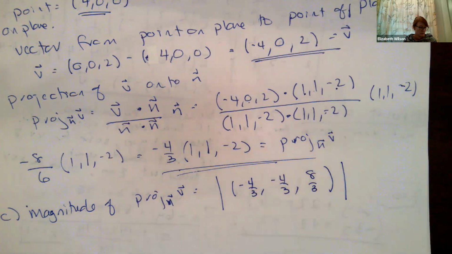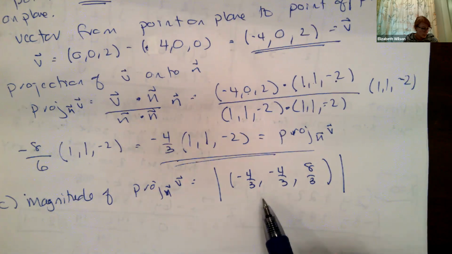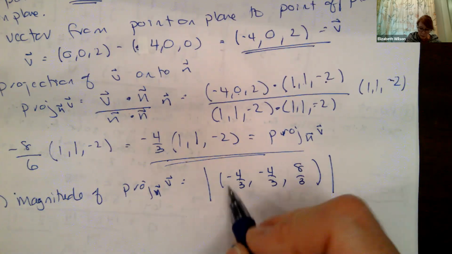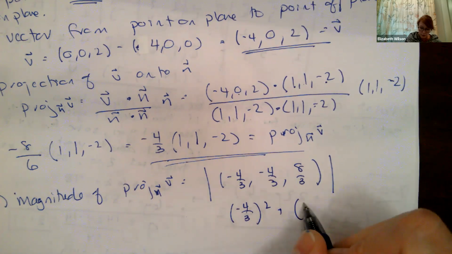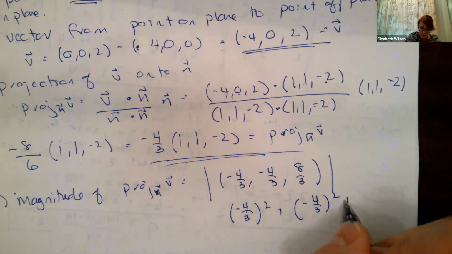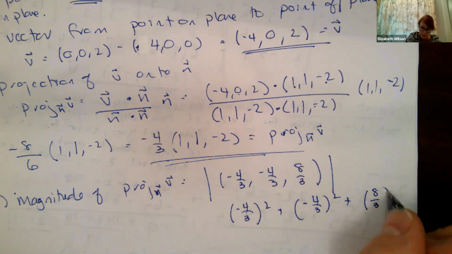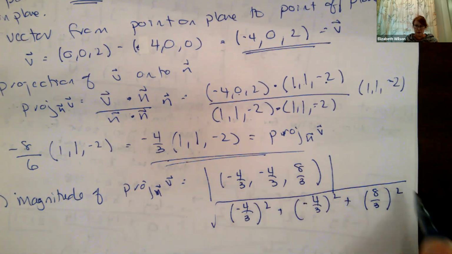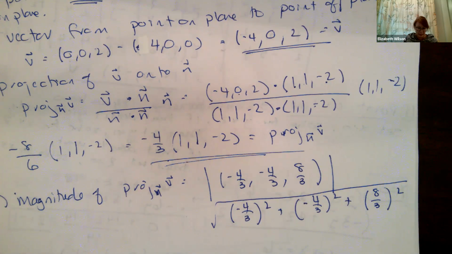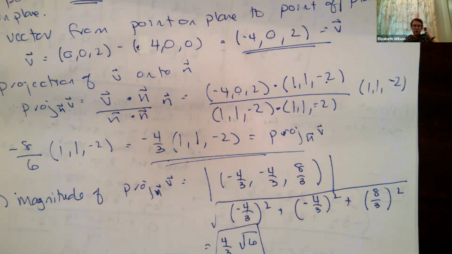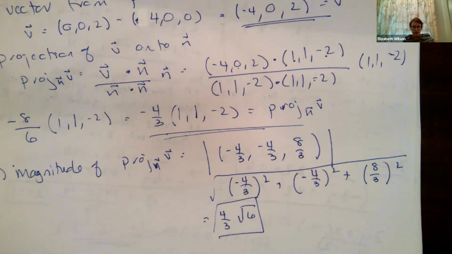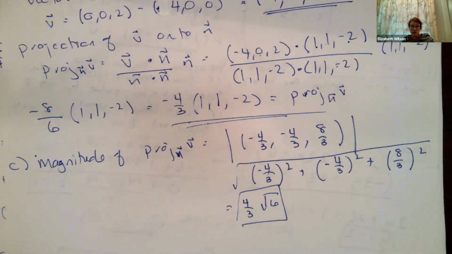We take the magnitude of that, so it's going to be minus 4/3 squared plus minus 4/3 squared plus 8/3 squared. Sum those terms up, take the square root, and then I'm going to get 4/3 radical 6 is my distance. Okay, that's the closest distance between these two. Whew, that's the answer to part C.